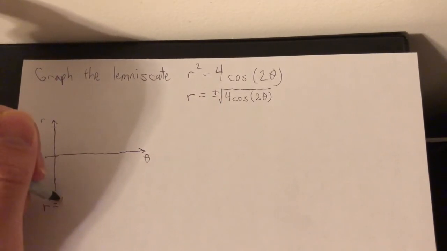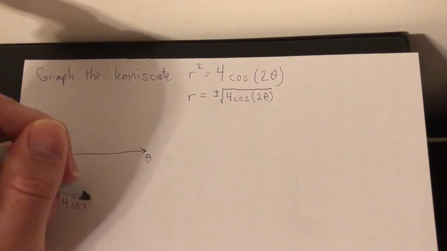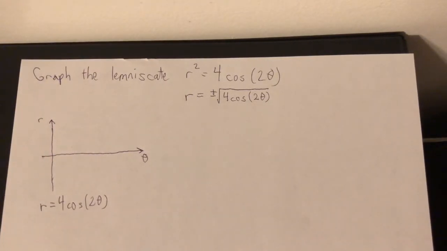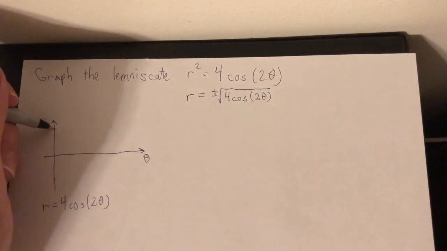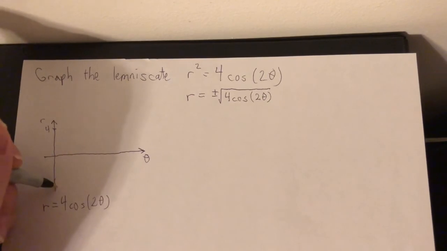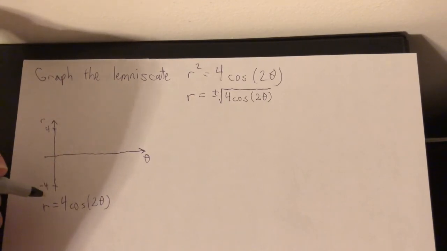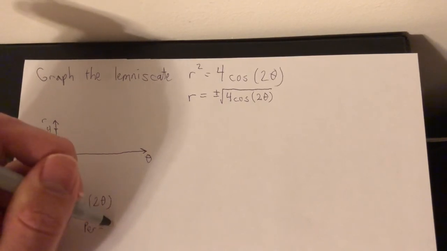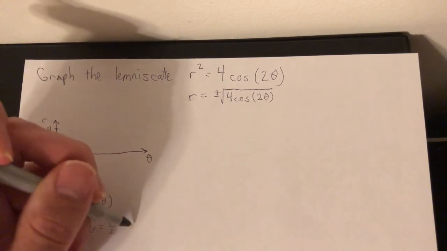And I'm just looking at r equals 4 cosine of 2 theta. And this is actually a pretty straightforward graph. It's a cosine function. The amplitude's going to be 4, and the period is going to be just pi. That's 2 pi over 2, which is just pi.